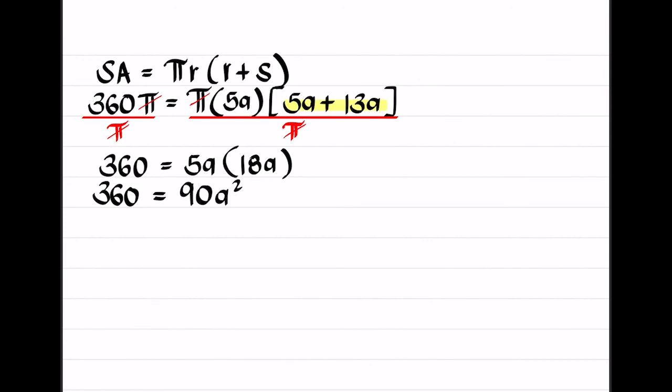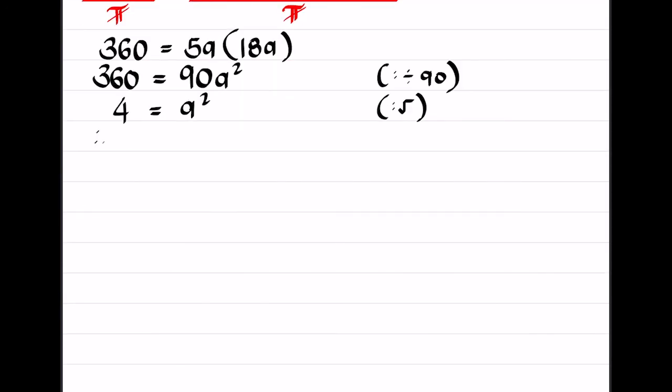Now to isolate the a, I'm going to divide both sides by 90. 360 divided by 90 is 4, equal to a squared. But I want the value of a, so I'm going to square root both sides. Therefore a is equal to 2 centimeters.